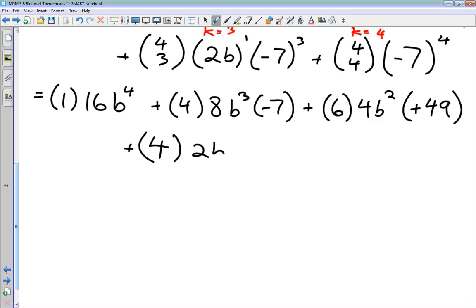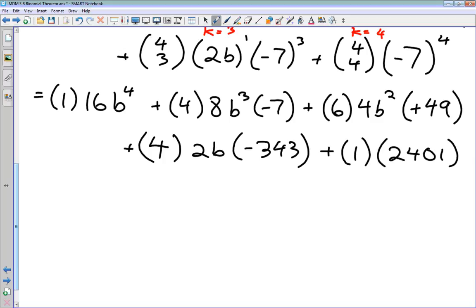We're going to have just 2b, and then negative 7 to the exponent of 3. This is where we have to get out our calculator: negative 343. Plus our final term, 4 choose 4 is just going to be 1, and negative 7 to the power of 4, again with our calculator, 2,401.